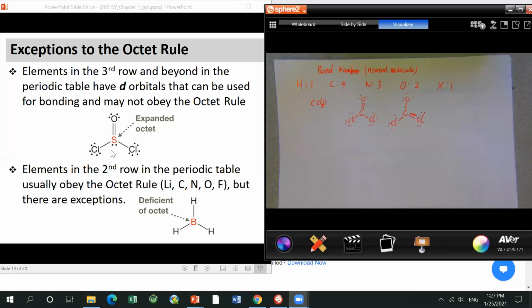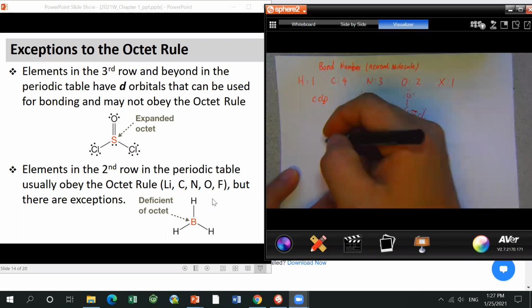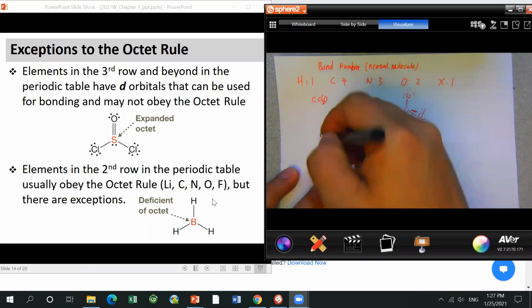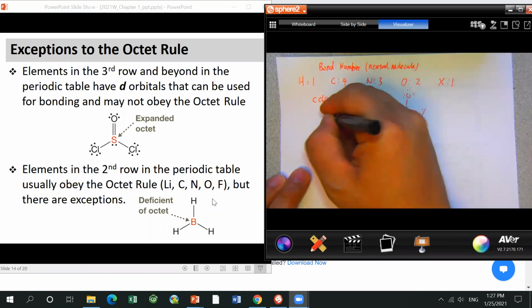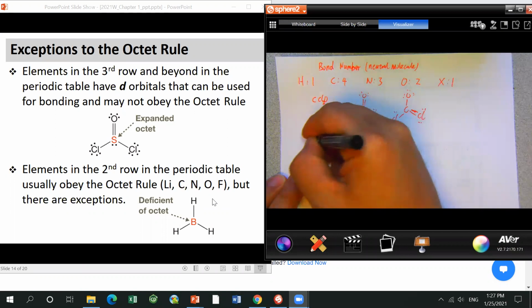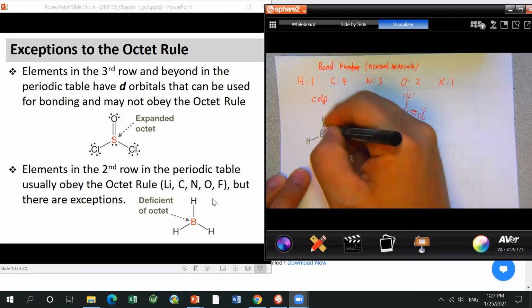And the elements in period 2 also do not always follow the octet rule. Only these five, lithium, carbon, nitrogen, oxygen, fluorine, always follow the octet rule, but some atoms may not. An example is boron. This is the boron Lewis structure.